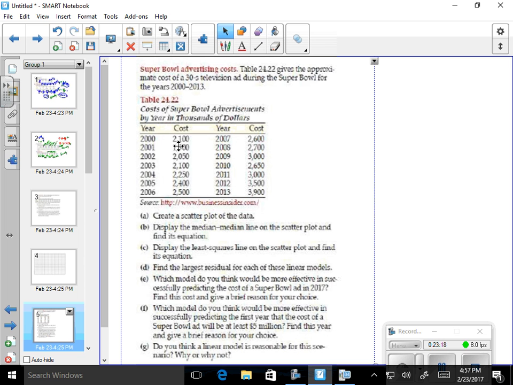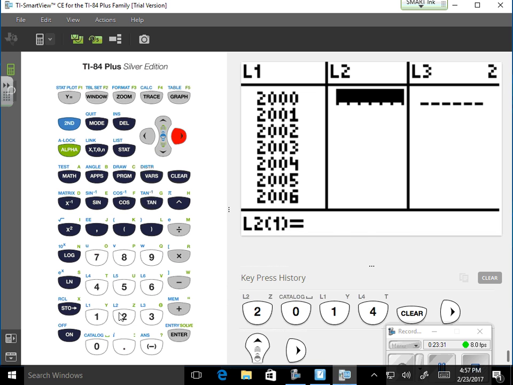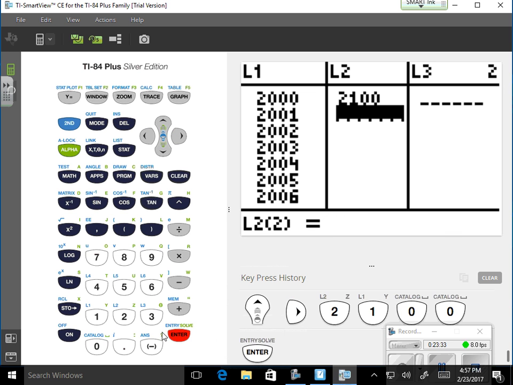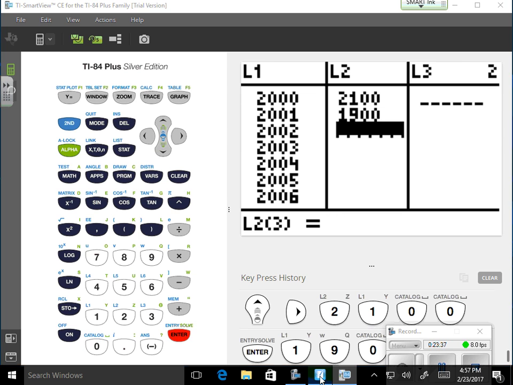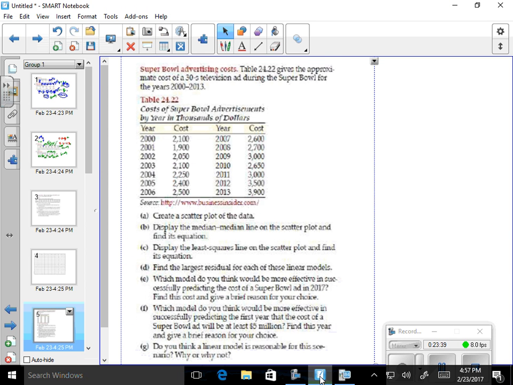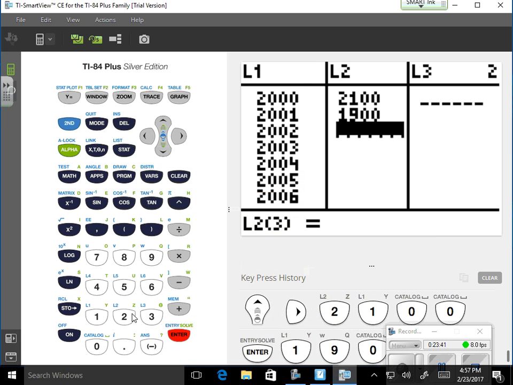So $2,100,000 means 2,100. So 2,100 and then 1,900, 2,100, 1,900, 2,050, 2,100 again.